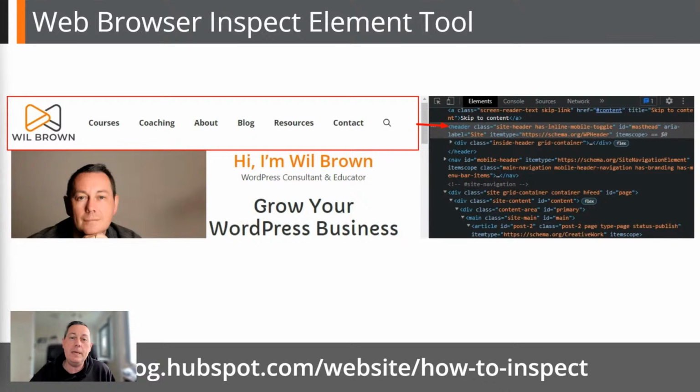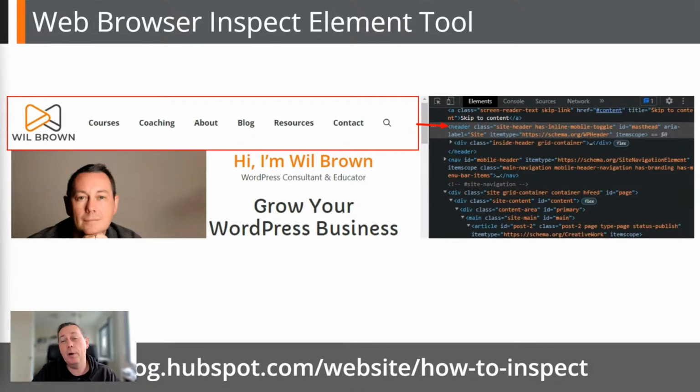So you saw a sneak peek on the previous slide of Chrome's inspect element. Now, most browsers have something called an inspector, an inspect element tool for it. And it's super helpful for beginners to be able to find HTML elements on a web page and determine their class names and their IDs if they've got any associated with that. Now, the inspect element tool, it's available in Chrome, Microsoft Edge, Safari, Firefox.